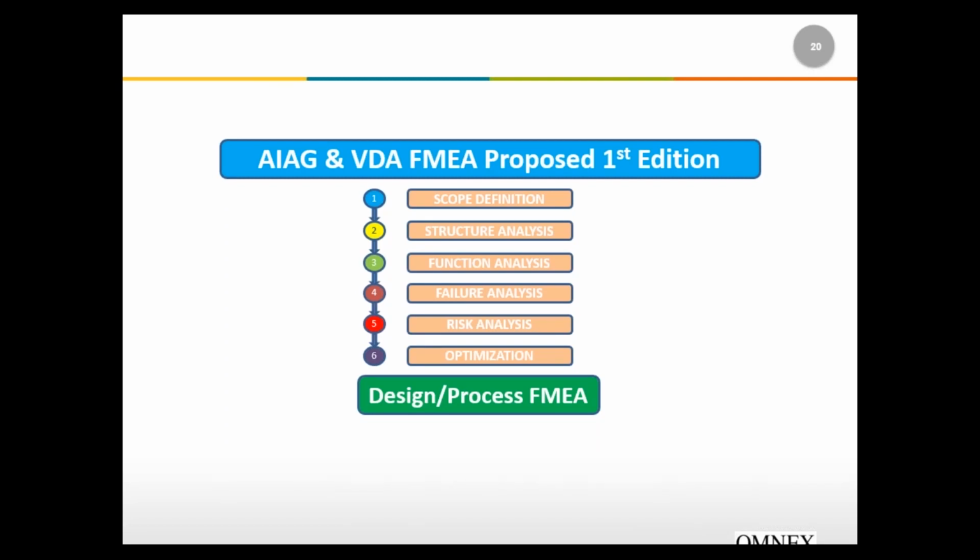Thank you, Chad. Hopefully you're hearing me better now than previously. The general approach or philosophy for the FMEA is the same for the previous editions and this now the first edition of the AIAG VDA.